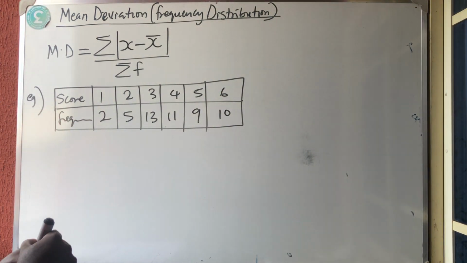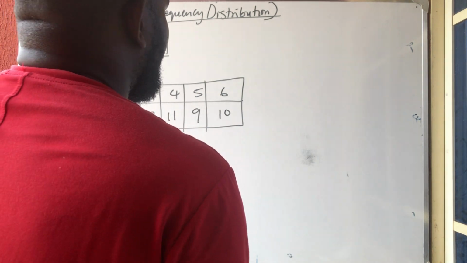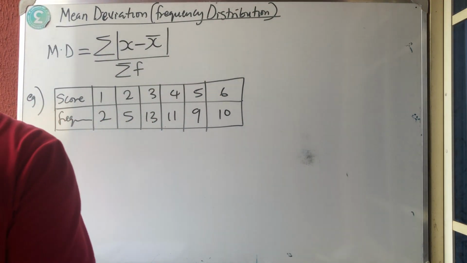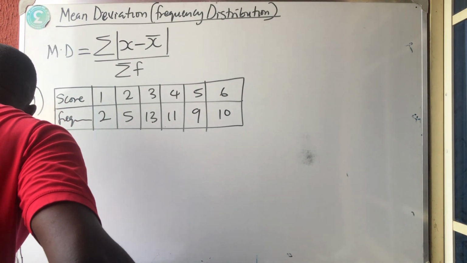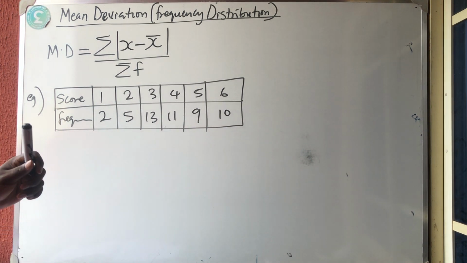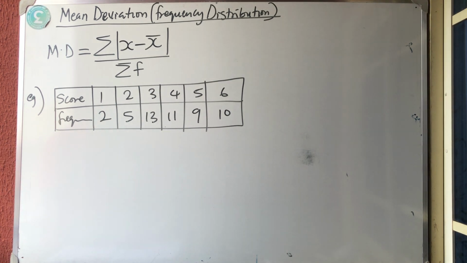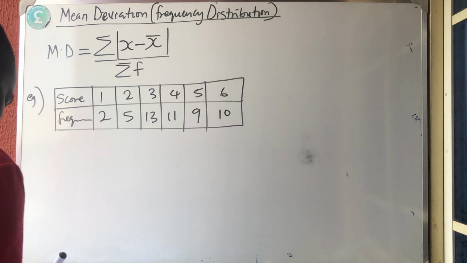The only place we have the cumulative frequency is in the quartile, the interquartile range. The first quartile is 1/4, and it is called the lower quartile. The middle one is 2/4, and then 3/4. These formulas are not difficult to remember. So they now say calculate the mean deviation.